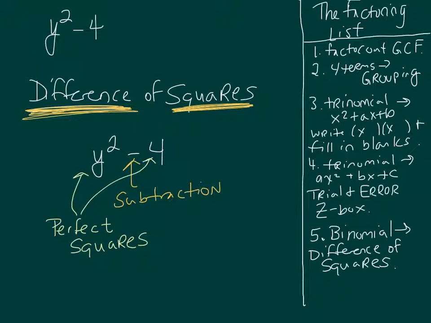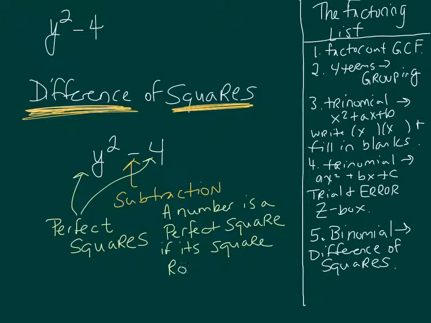So a number is a perfect square if its square root is an integer, so not a decimal.